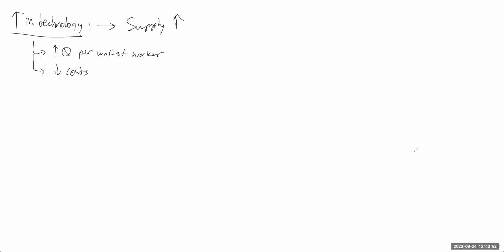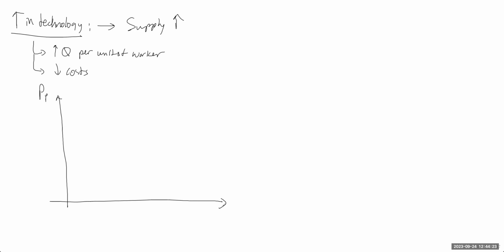Maybe the technology reduces electricity costs because it's more efficient. Or it does both. An increase in technology, a big company or a small company, they're not going to adopt it unless it's beneficial. Okay. An increase in quantity or decrease in cost, or both, will lead to an increase in supply. So let's look at this.